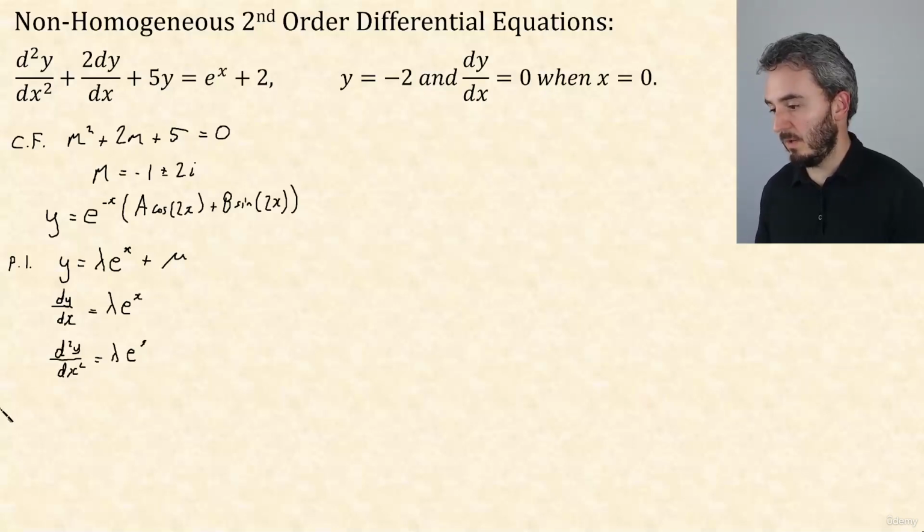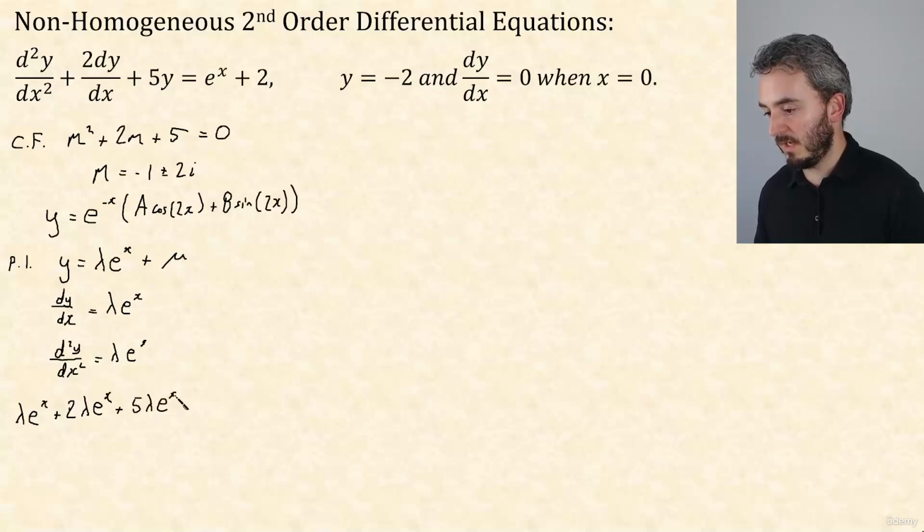Subbing all of that into here, we get second derivative, lambda e to the x, plus 2 times the first derivative, 2 times lambda e to the x, plus 5 times the original function, so that's 5 lambda e to the x plus 5 mu, equals, needs to be identical with e to the x plus 2.